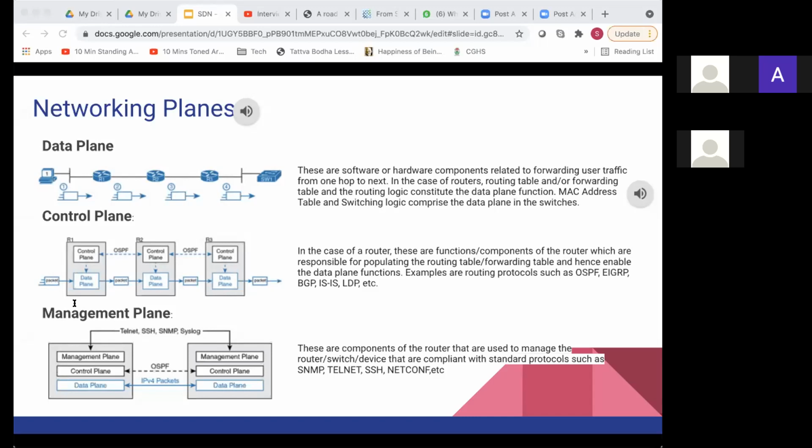The management plane comprises the components used to manage the device and set up the protocols. For example, in the traditional world before SDN, things like Telnet, SSH, and NETCONF are all considered part of the management plane. So this covers the various planes in a standard network.